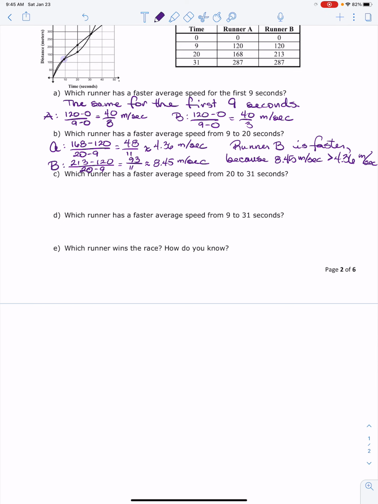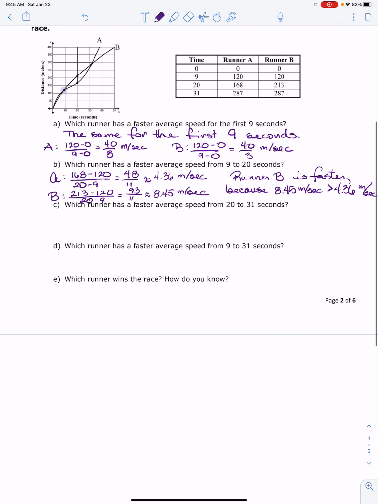So from 20 to 31 seconds, I've got runner A, which goes 287 minus 168 over 31 minus 11. I get what, 119? Oops, 31 minus 20. I was a step ahead of myself, over 11.